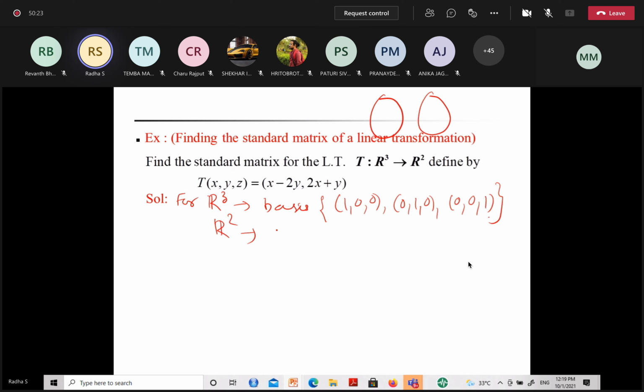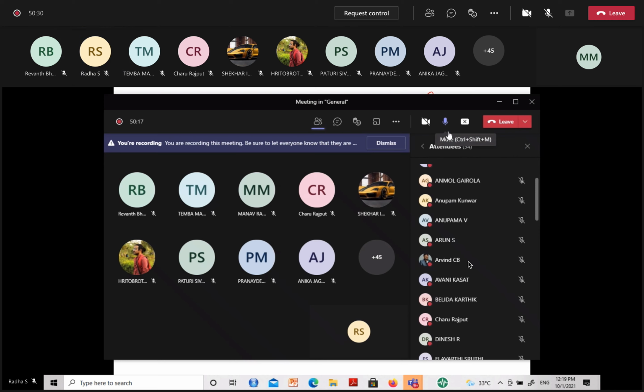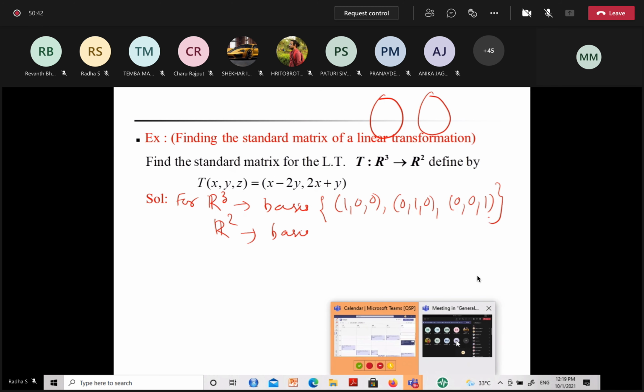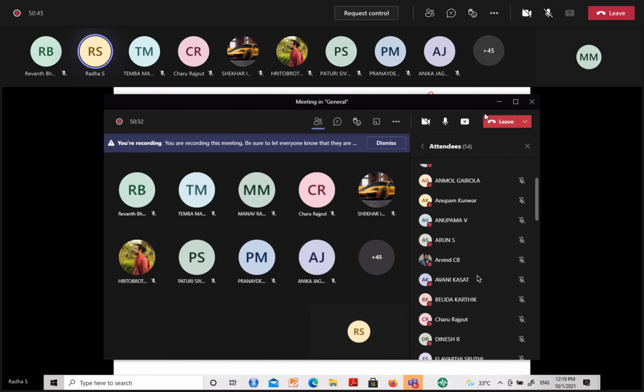For R square, basis is 1, 0, 0, 1. Just you do it for 1 minute. Okay.